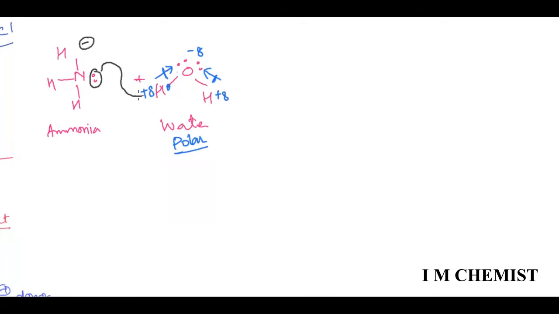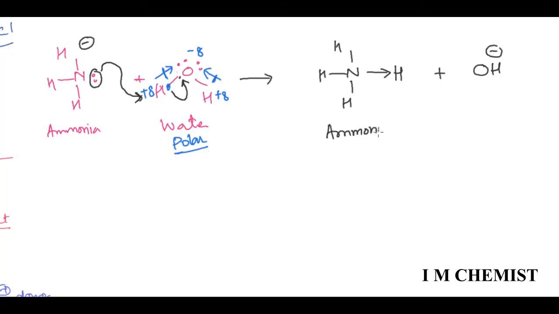So this lone pair is going to attack this proton, and resultantly the electron of hydrogen will be shifted toward the oxygen atom, and we will get NH4 along with OH negative ion. This is known as the ammonium ion, and this one is known as the hydroxide ion.